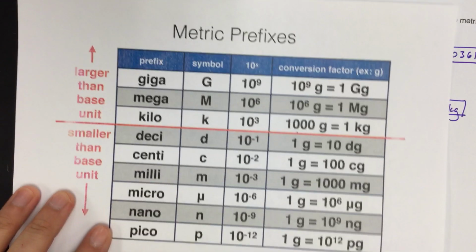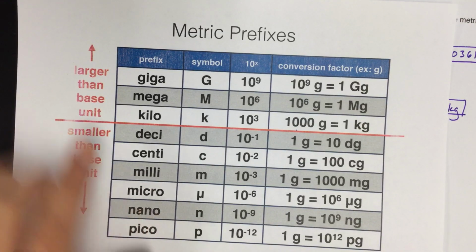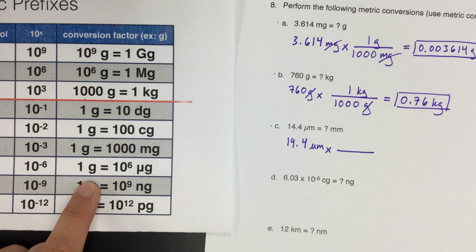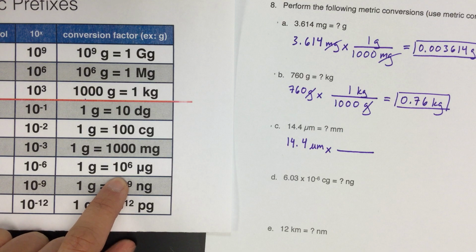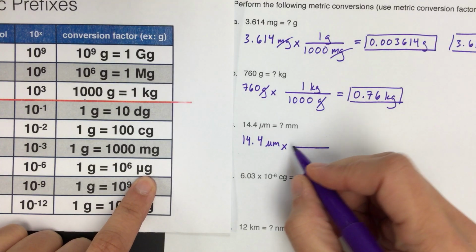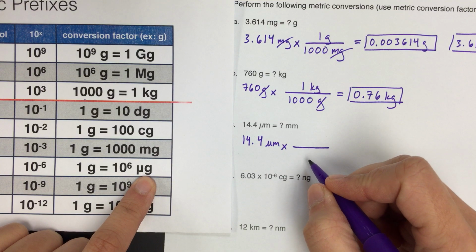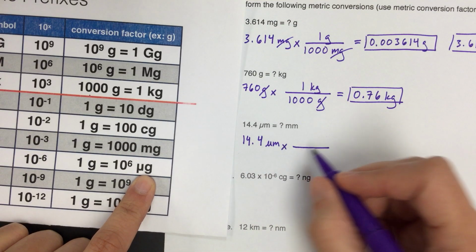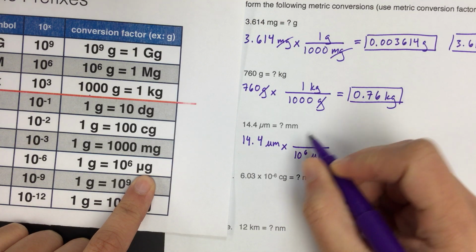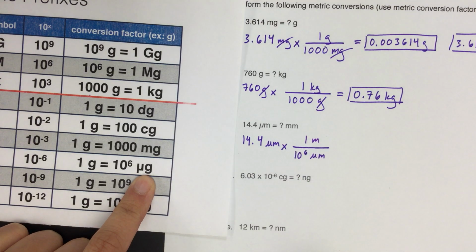If you find micro, which is right here, the relationship is that 1 meter is equal to 10 to the 6 micrometers. You can use that to first convert micrometers to meters. So 10 to the 6th micrometers make up 1 meter.